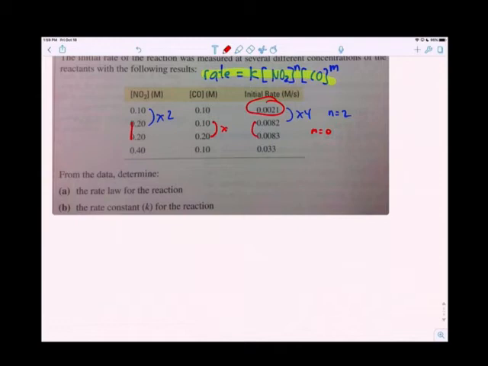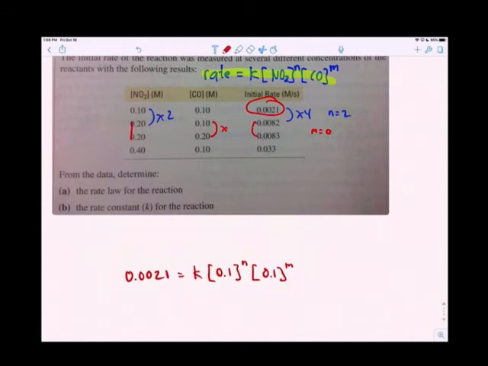So rate 0.0021 equals my rate constant times the concentration of NO, 0.1, to the n, carbon monoxide, 0.1, to the m. Now, it actually makes sense to put this on the bottom, so I'm going to move this one down.